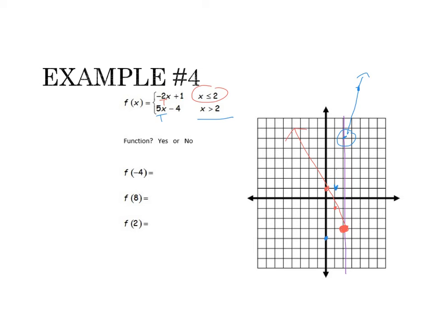To tell if it's a function, we can use something you learned last year, the vertical line test. What the vertical line test is, can I take a vertical line, vertical going up and down, and move past my entire graph and only hit one point at a time? Now the trick comes with piecewise is on the fences. Right here, I have 2 points.